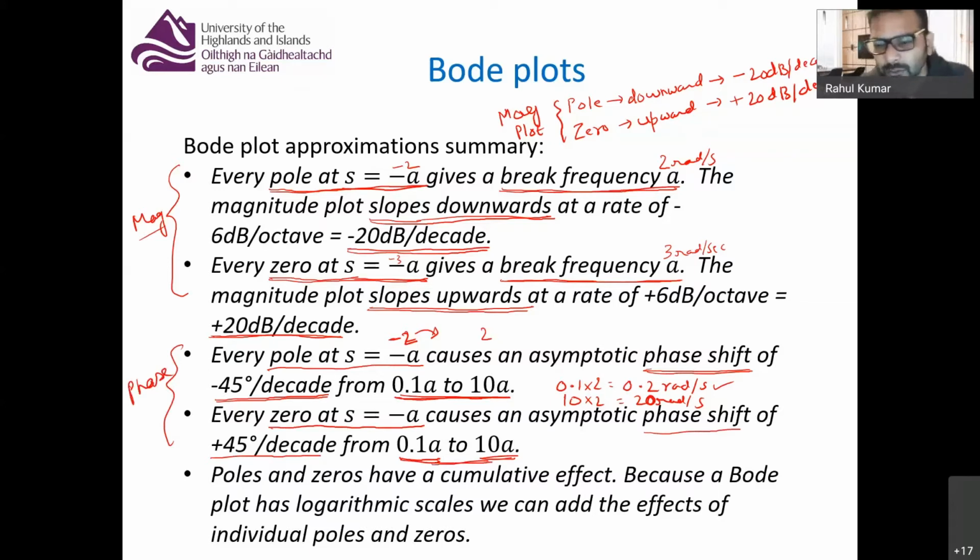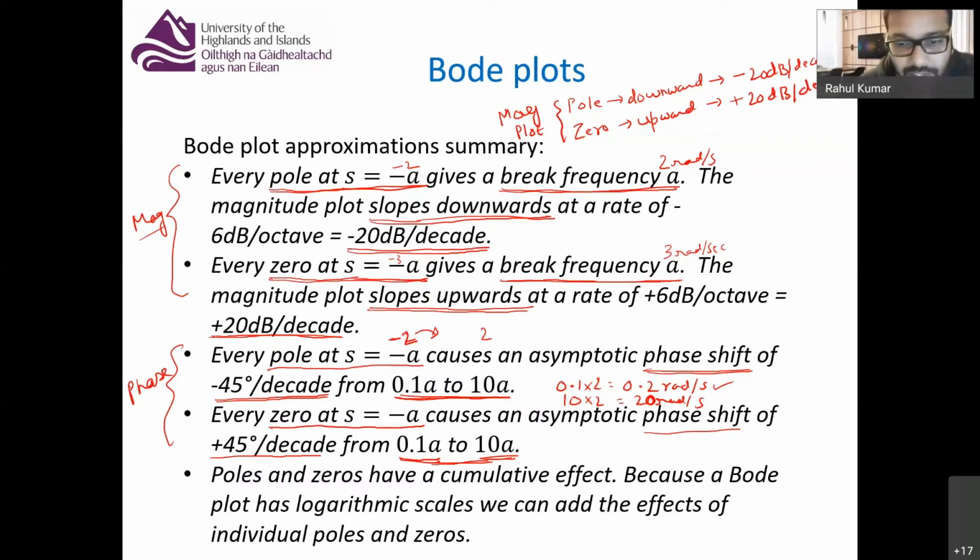So these points are quite important for plotting a Bode plot. Obviously, in a system you will have multiple poles and zeros, so the complete Bode plot will be a cumulative, combined effect of all the poles and zeros.